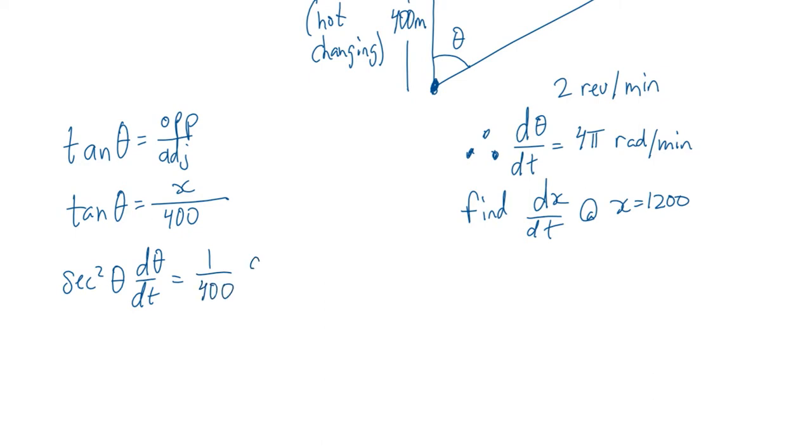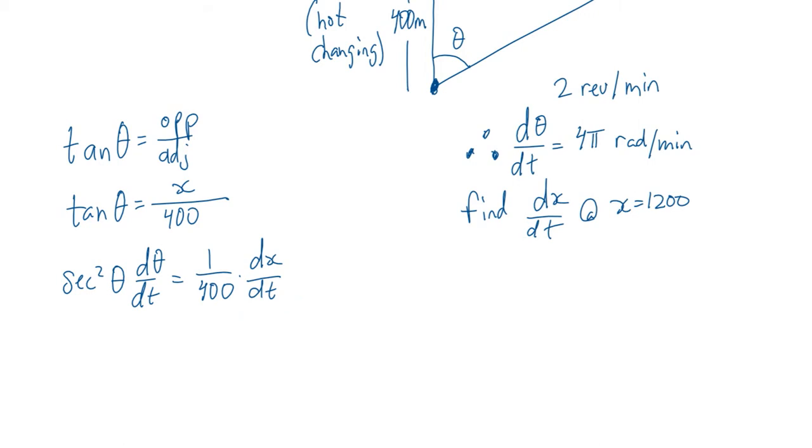But then don't forget the dx by dt. Some people think this is a quotient rule, and they start doing weird stuff. But the derivative is just 1 over 400. Since it's with respect to t, I have to do the dx by dt as well.